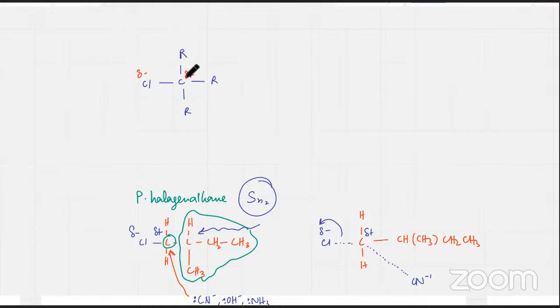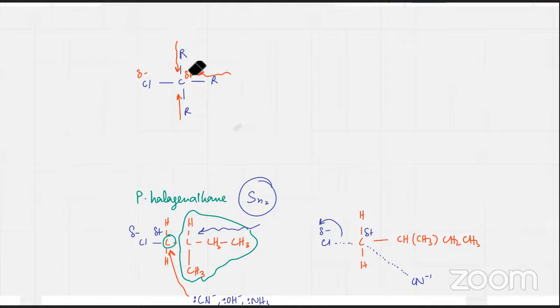Except that carbon is not going to have a very strong positive charge because there's going to be more electron donating effect. So lots of electrons around it, lots of carbon atoms, lots of alkyl chains around it. So the positive charge is not going to be very strong, which is why the CN-1, whatever the nucleophile is, it's not going to be that strongly attracted to it. There's not going to be that strong an attraction.